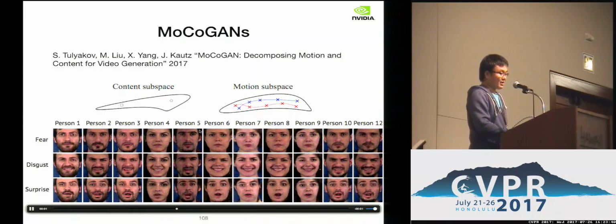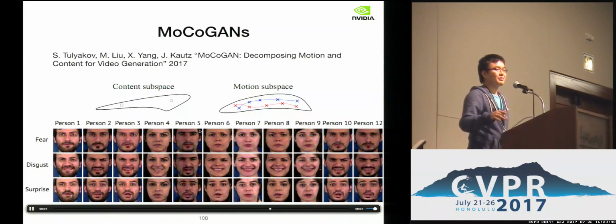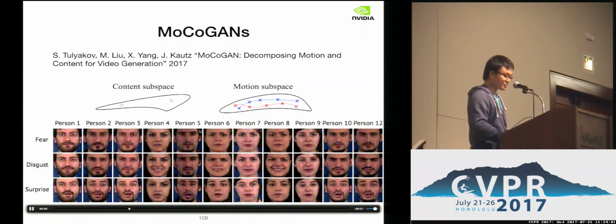Another thing about this architecture is that, from the first part of the slides, people spend a lot of effort to come up with better image generators. So this architecture can immediately capitalize on the efforts in image generation to improve video generation results.